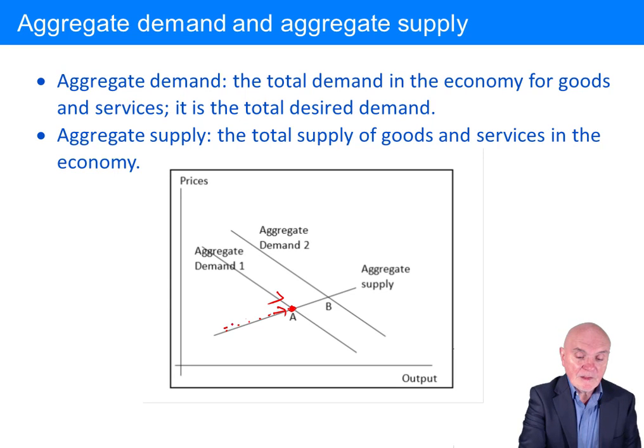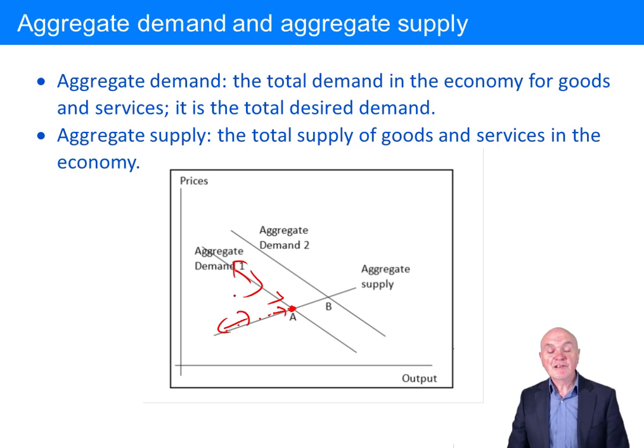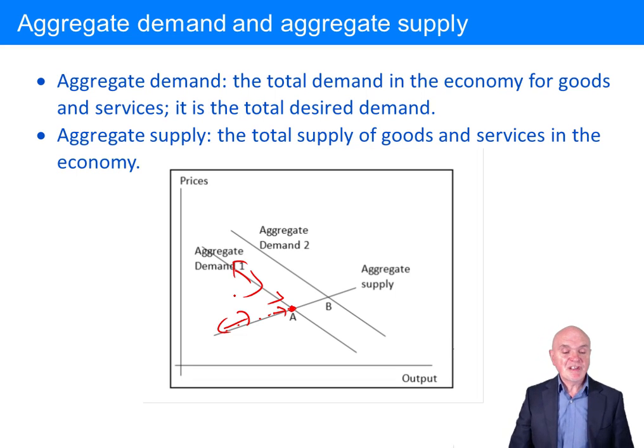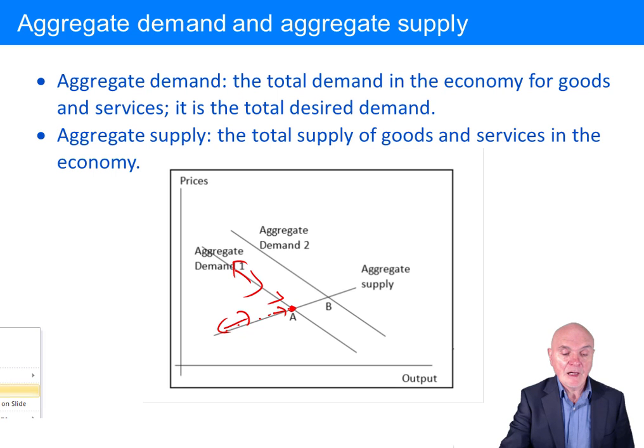Now, moving up and down these lines, which is caused by changes in prices of commodities and services and products, you have to distinguish that from what's called a shift in the demand line or the supply line.